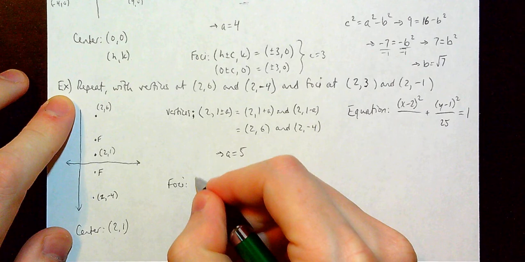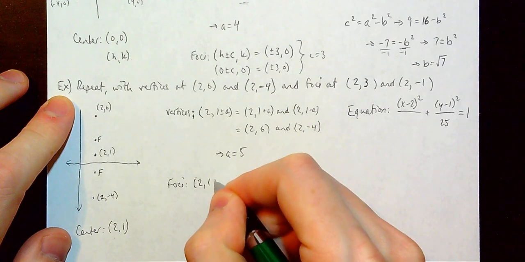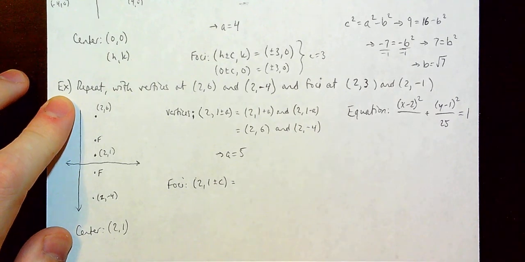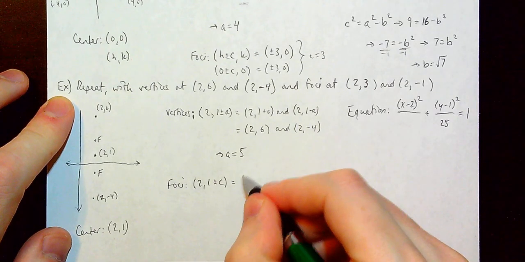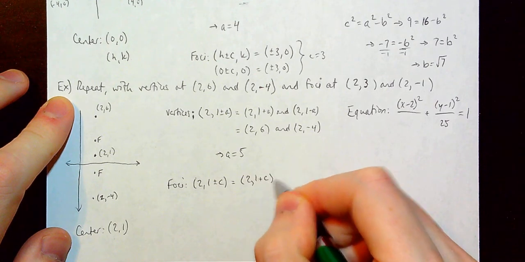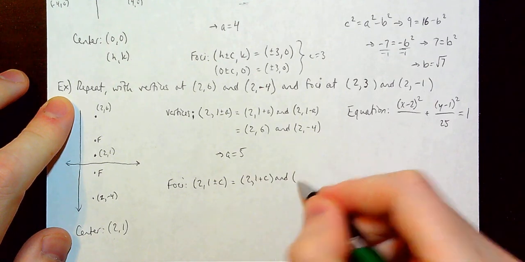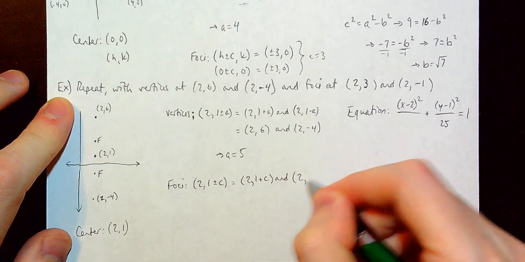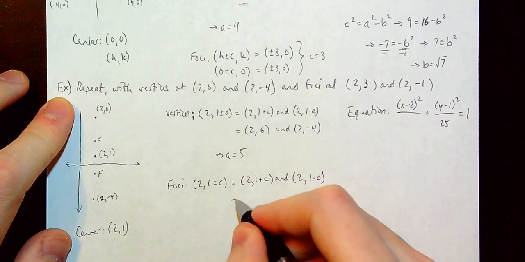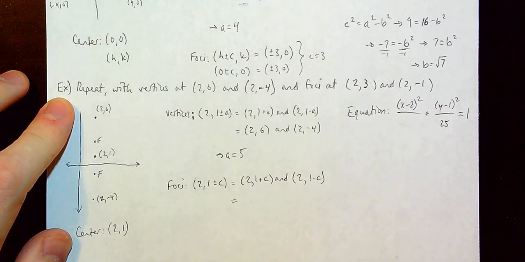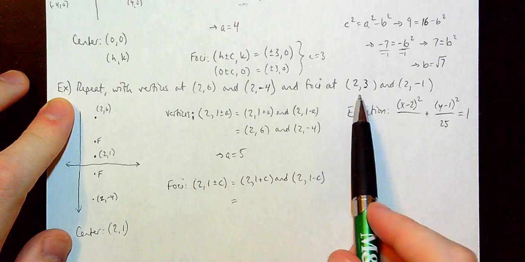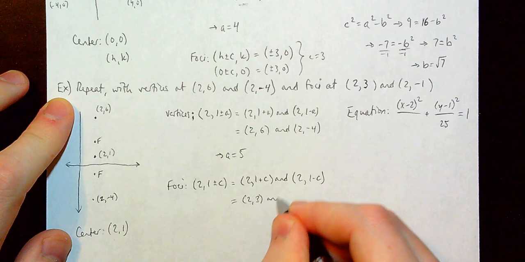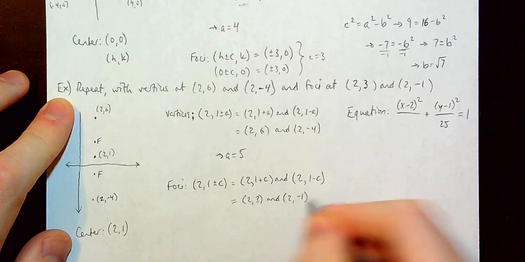Again, working with our h value of 2 and our k value of 1, that gives us 2 comma 1 plus or minus c. And that gives us 2 ordered pairs, 2 comma 1 plus c and 2 comma 1 minus c. And we know that our two foci are 2 comma 3 and 2 comma negative 1.